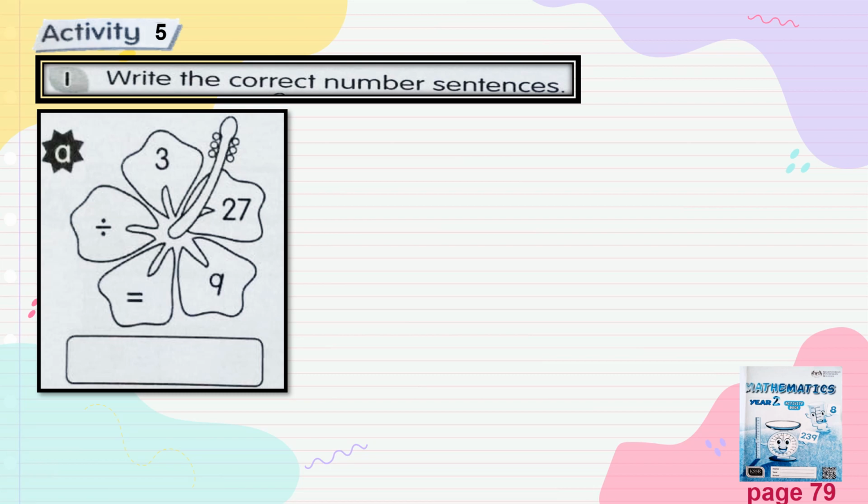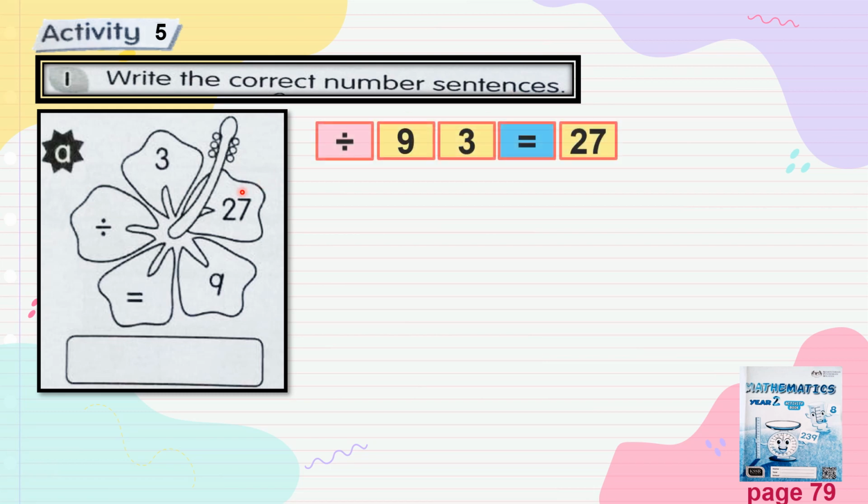Activity 5. Read the instruction. Write the correct number sentences. A. For this question, you must arrange the numbers and the symbols to form a complete number sentence. For division, we start with the biggest number. Yes, 27. Then, followed by the division operation. After that, we choose either 9 or 3.